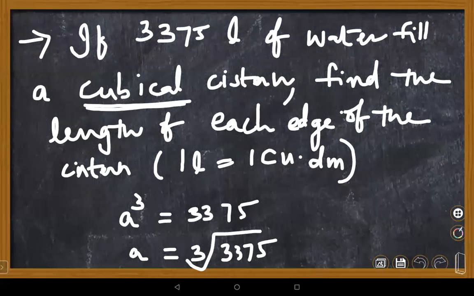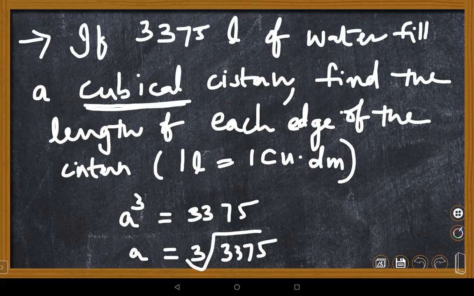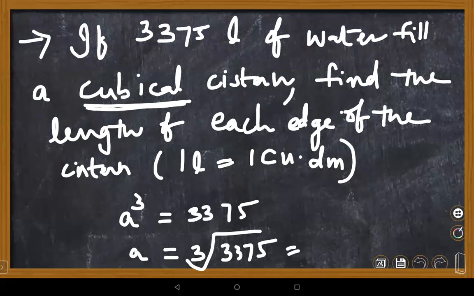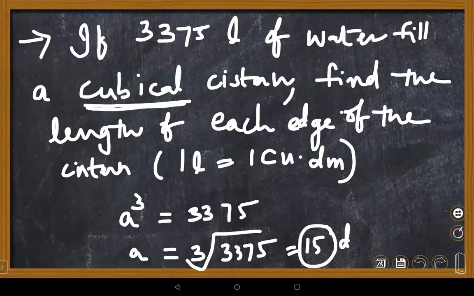Therefore, each side we are getting as how much, children? Ma'am, 15 only, ma'am. Yes. So the cube root of it is 15. 15 decimeters. The length of each side of the cistern is 15 decimeters.